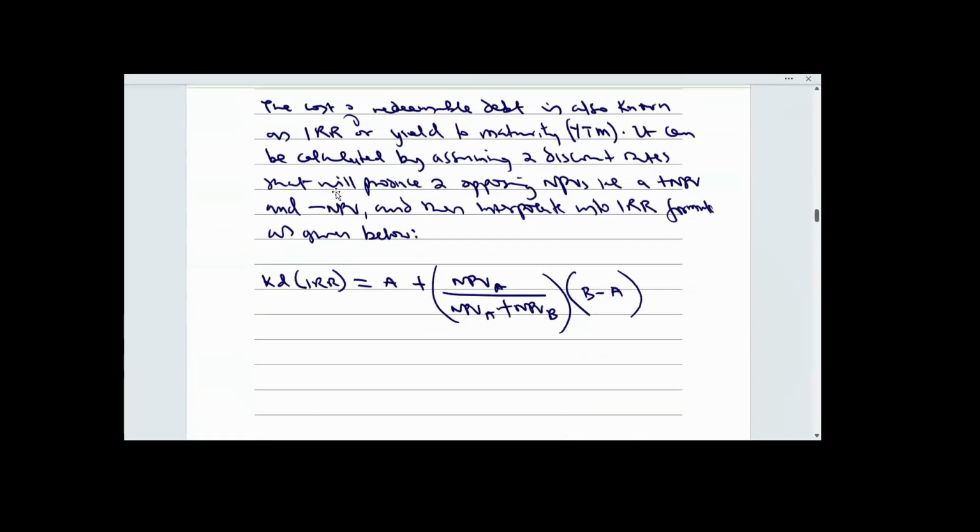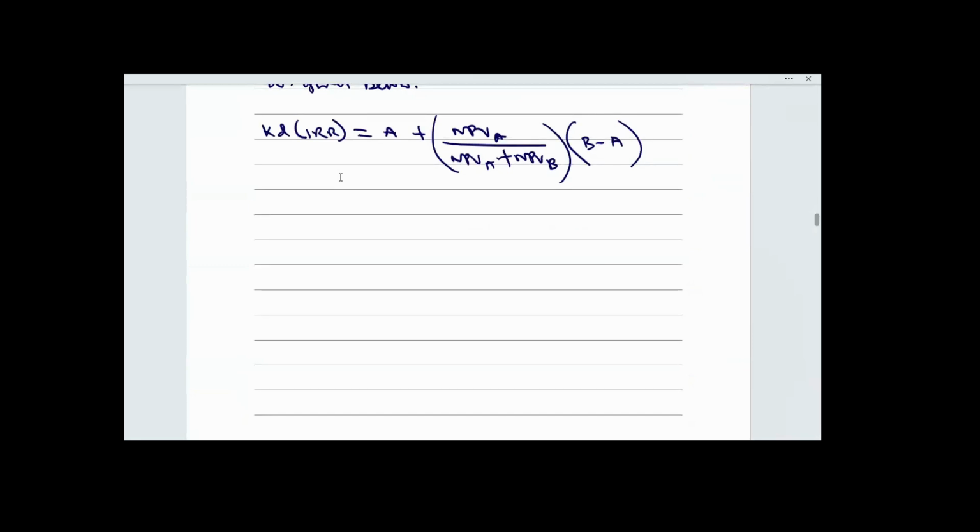Now, one more important thing you need to take into consideration. Note: debt will be redeemable if the redemption or maturity date is given.